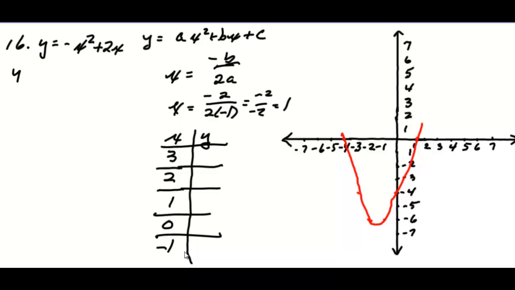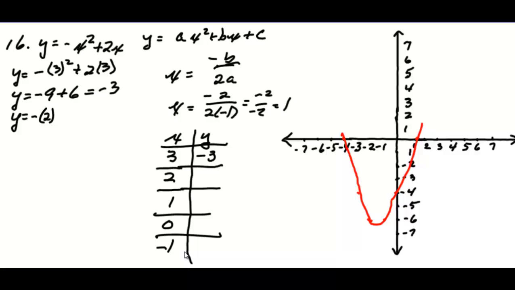Starting with y equals negative 3 squared plus 2 times 3. So y equals negative 9 plus 6, or it happens to be equal minus 3. In the second one, where it's y equals negative 2 squared plus 2 times 2, y is then equal to negative 4 plus 4, or 0.